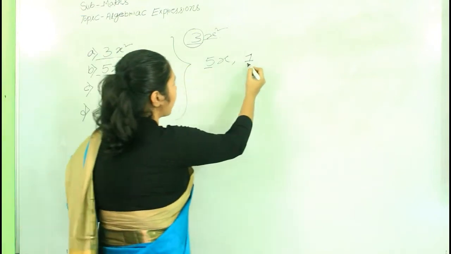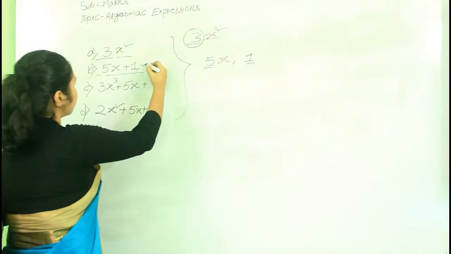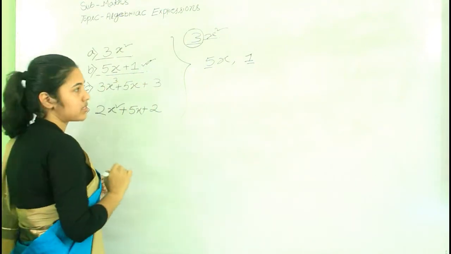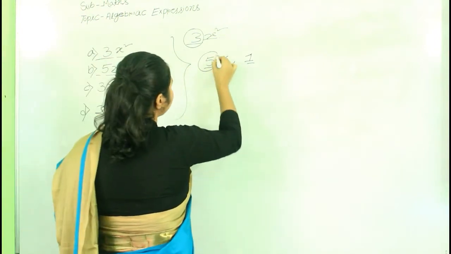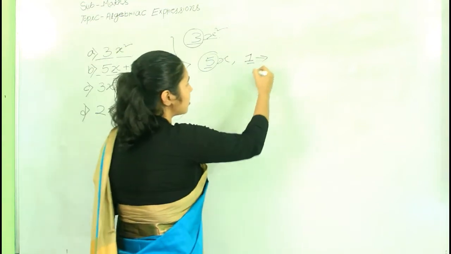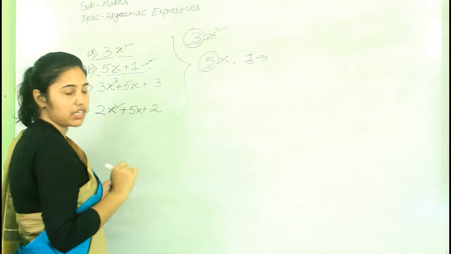Here 5 and 1 are the coefficients, and this is an algebraic expression of variable x. Now in this expression, 5 is our coefficient of x and 1 is the constant term of this expression.